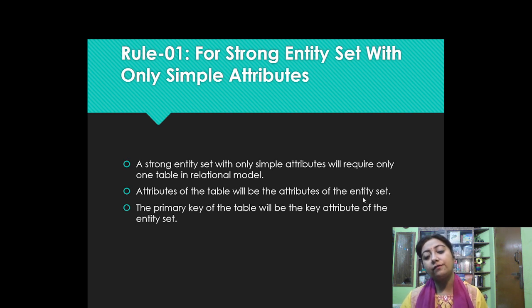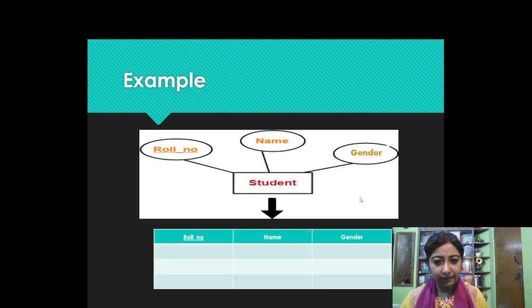If we see this example, this is one entity, student, and in this entity student we have three attributes. One is roll number, which is underlined, meaning it is the primary key.